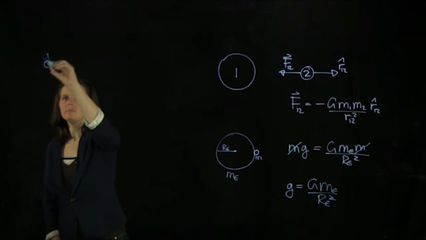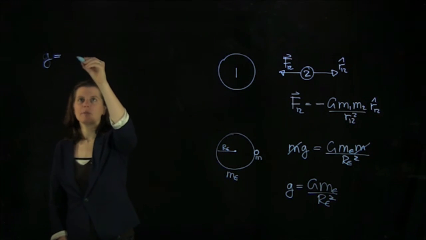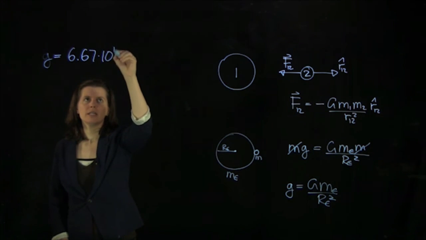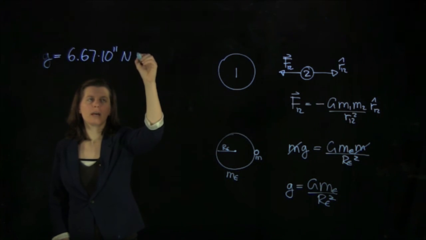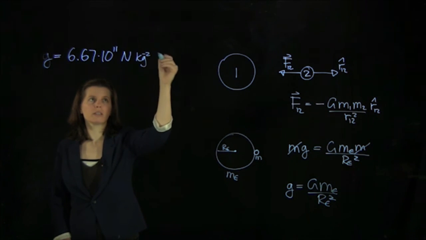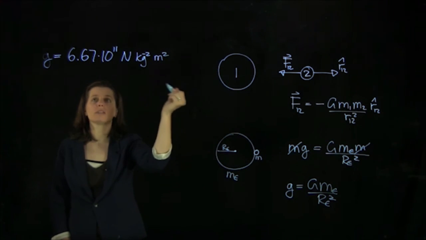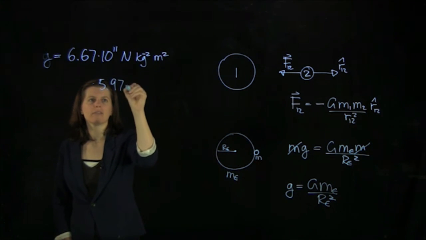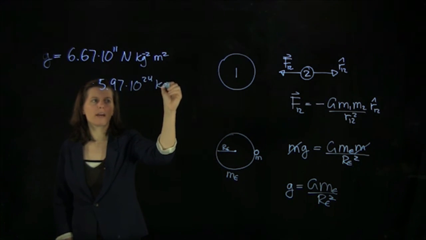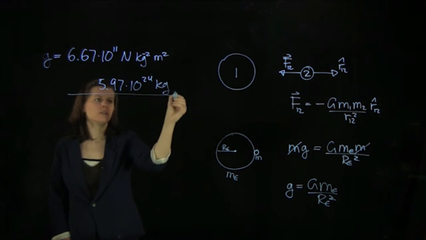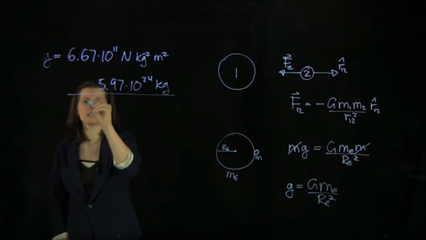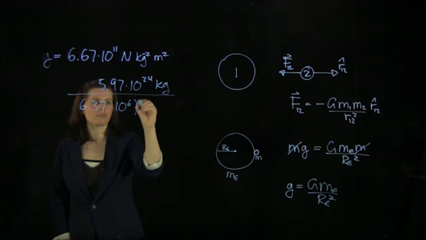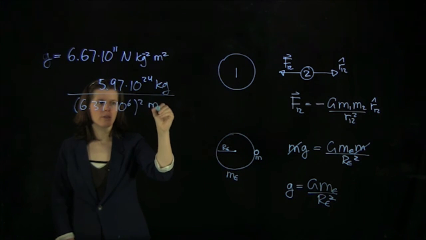So we have capital G, that's the gravitational constant, 6.67 times 10 to the minus 11, and then we have Newton meters squared per kilogram squared, times the Earth mass, 5.97 times 10 to the 24 kilograms, and then we have to divide this by the Earth radius, 6.37 times 10 to the 6 meters, and we have to square that.